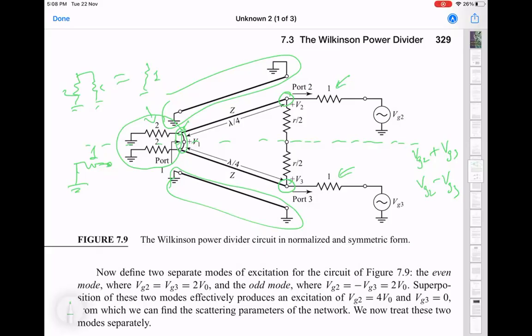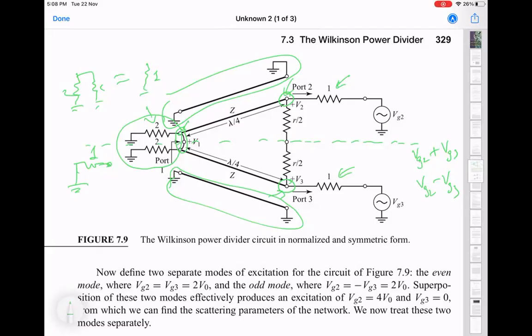So for example, if VG2 and VG3 were equal, then because of the symmetry, the voltage at this point and the voltage at this point will be the same for that mode of excitation.